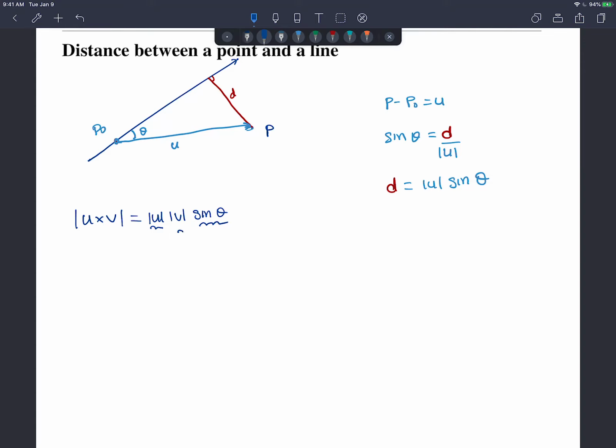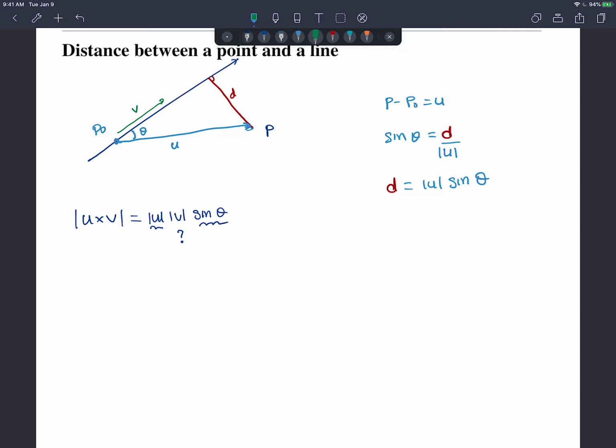So I can complete that by using a V vector. V has to be a vector for which the angle theta is the angle between U and V, which means that V has to be a vector in this direction. It could be any vector in that direction.